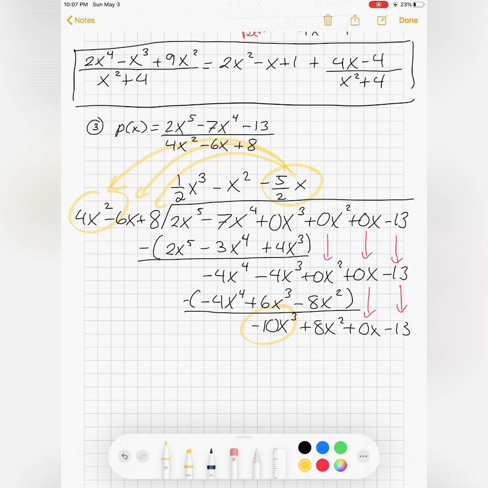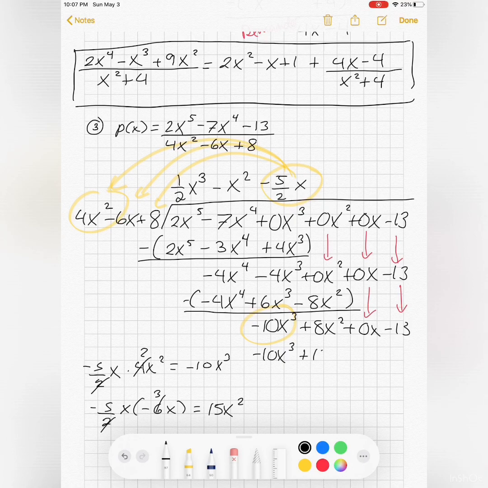Some more scratch work. Let's see, so we have negative 5/2 x times 4x squared. That's negative 10x cubed. And then we have negative 5/2 x times negative 6x. That's 3 times 5, 15x squared. And then we have negative 5/2 x times 8.